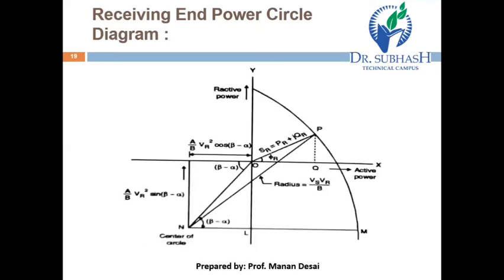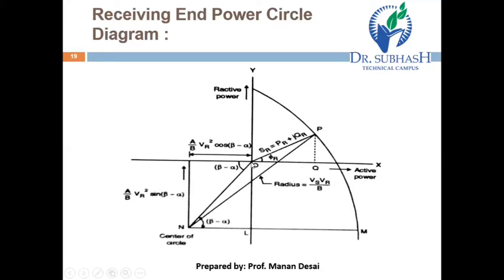Now, this is a circle diagram where N is the center of the plotted circle, and the radius is Vs upon Vr.